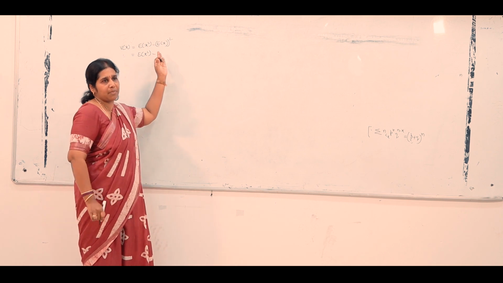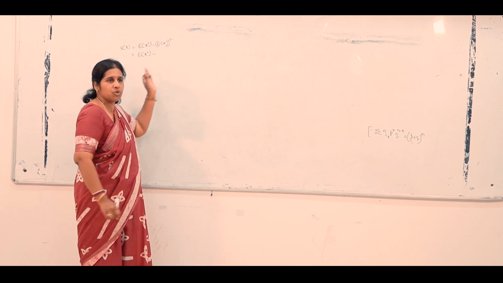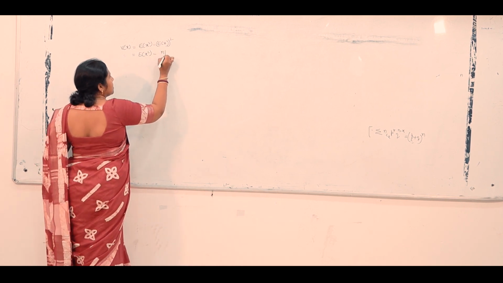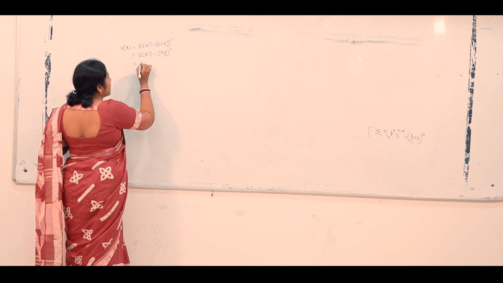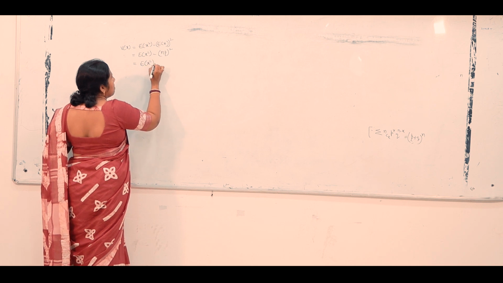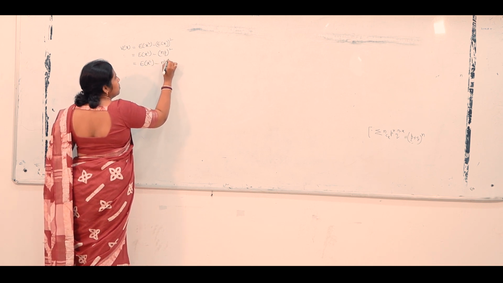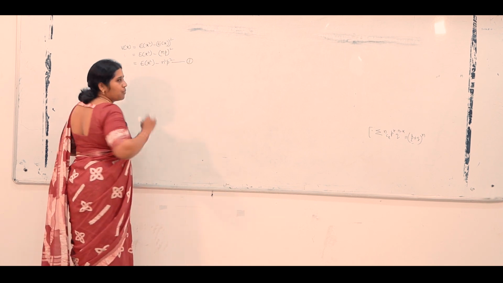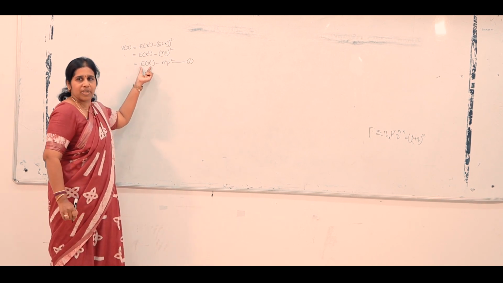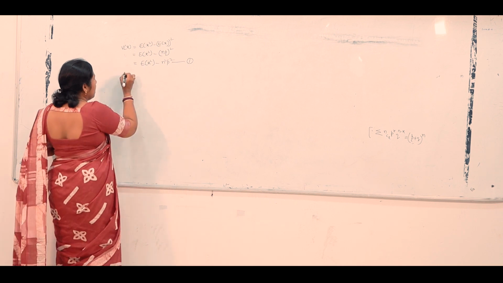Just now we have derived mean. So what is the mean of binomial distribution? NP. NP whole square. Which is nothing but expectation of x square minus n square into p square. Okay, let us consider this as equation 1. Now we'll calculate expectation of x square separately and we'll substitute over here.